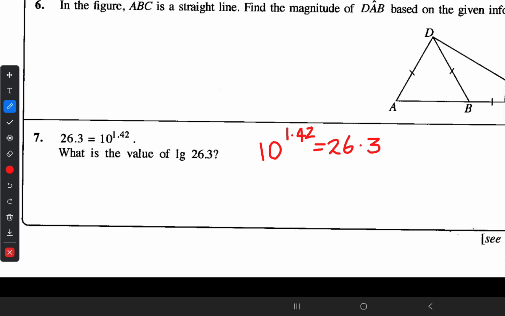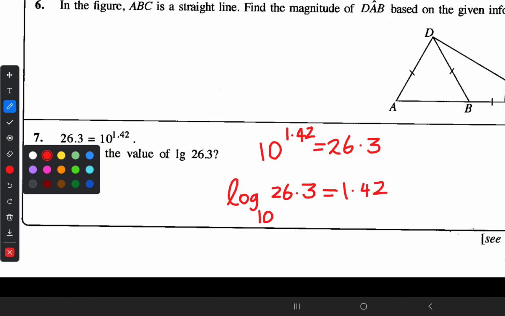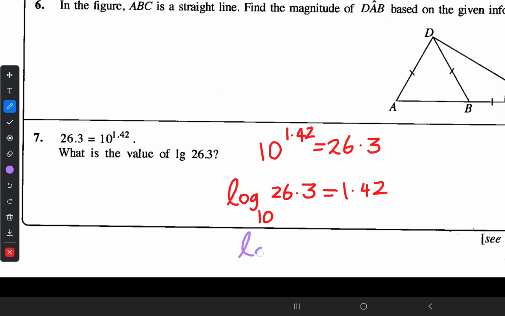So here we can write this in logarithmic notation: log base 10 of 26.3 equals the index 1.42. That is the conversion from index notation to logarithmic notation. One more thing: instead of log base 10, we can denote this as lg 26.3 equals 1.42. That's all about this question.